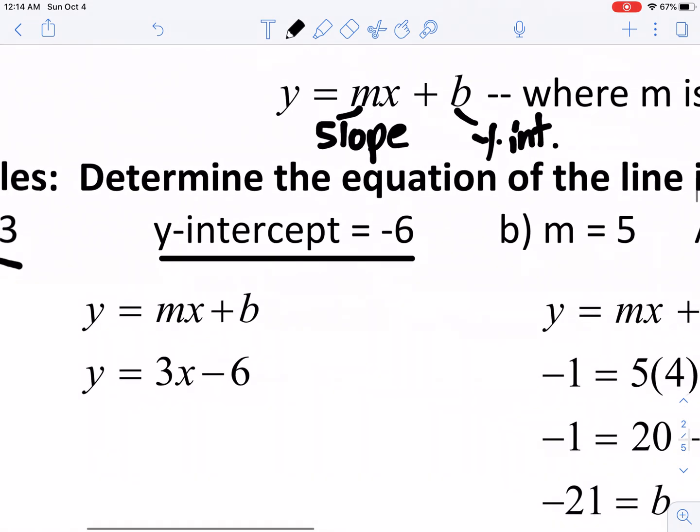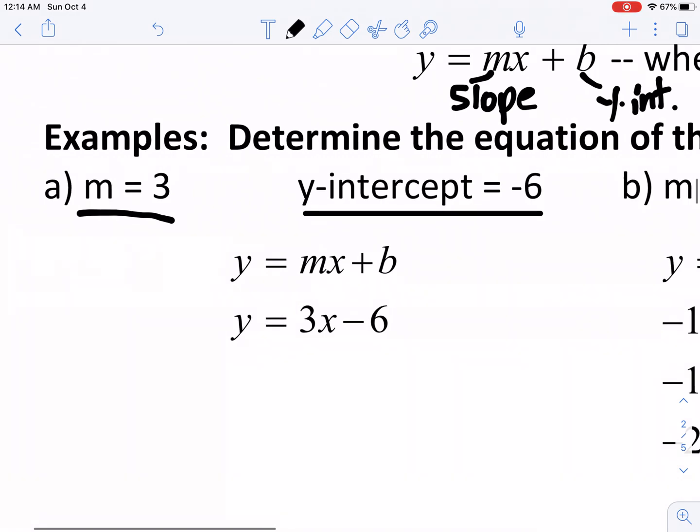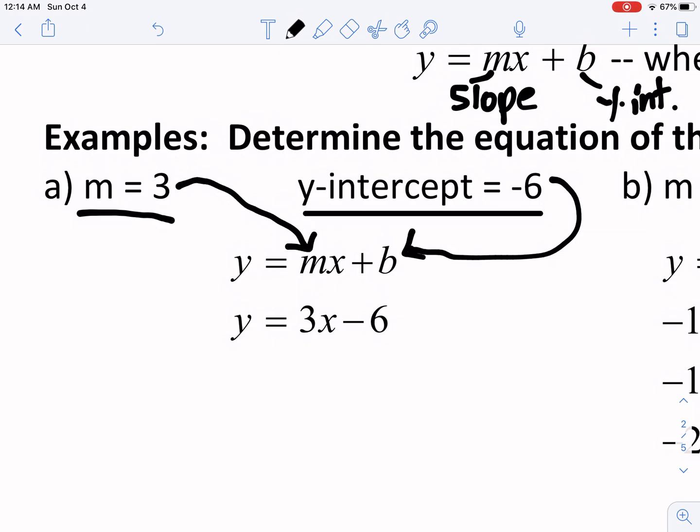So if they give us that, then we already have enough information to write the equation of the line. All I need to do is substitute it in. 3 goes in for my m, and -6 goes in for my b. So my equation would be y equals 3x, and my b would be -6. So if they give us the slope and the y-intercept, that would be the equation of our line.